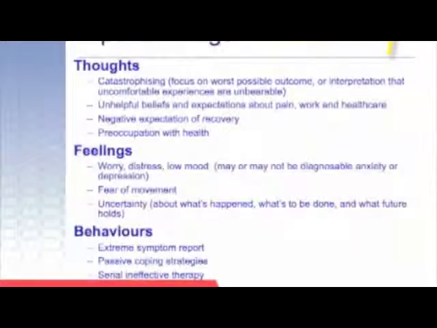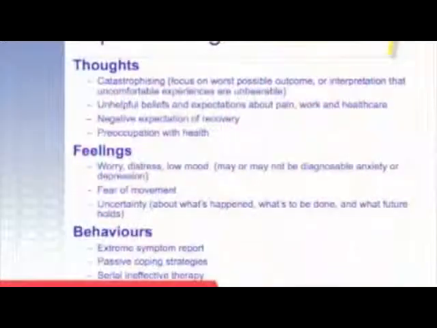Right, let's look at the important flags in a little bit more detail now. We'll look at these across person, workplace and context. To begin with, the yellow flags to do with the person. We can look at these with regards to thoughts, feelings and behaviours.